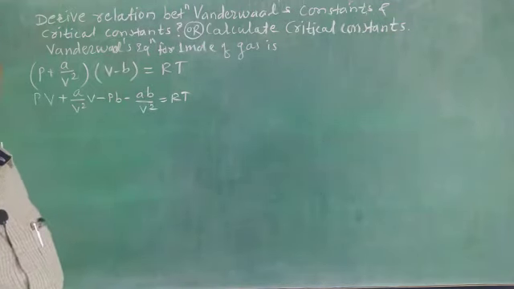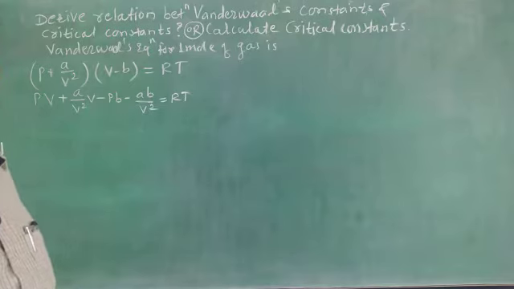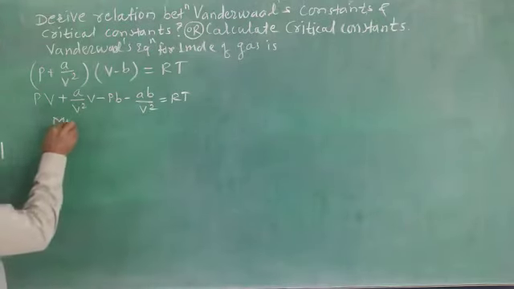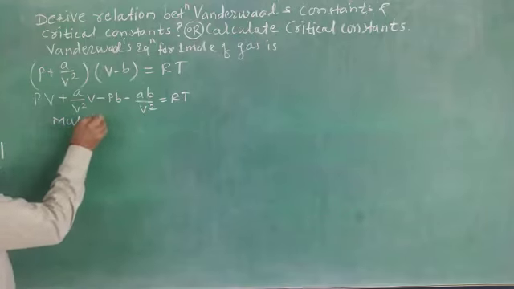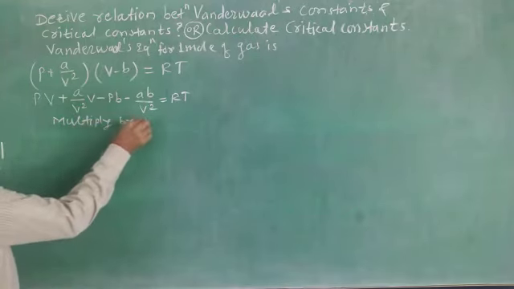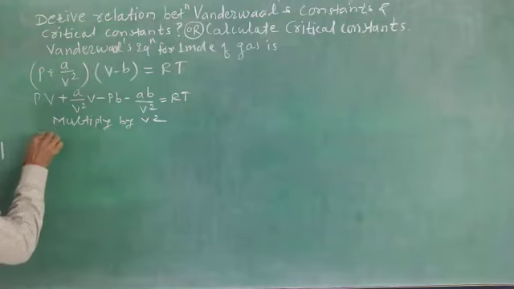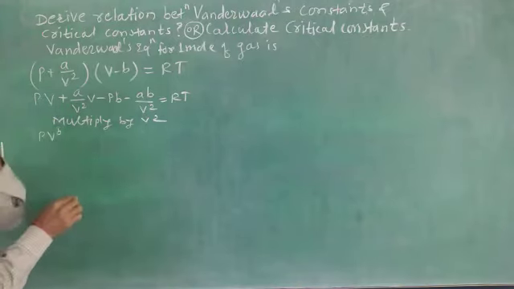Now after this, multiply throughout by V square. PV into V square will be PV cube.